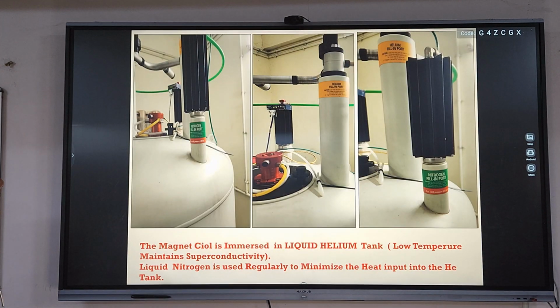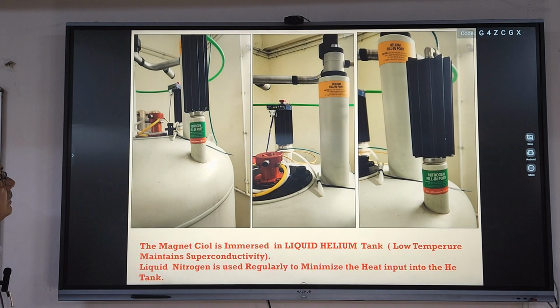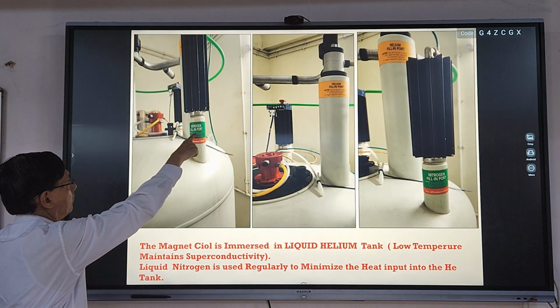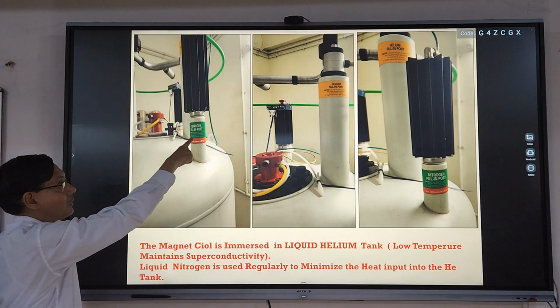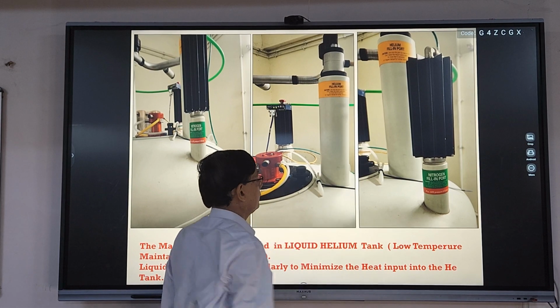If you see very carefully, there are two tanks. It is written here, you see, nitrogen fill in port, and another is helium fill in port.